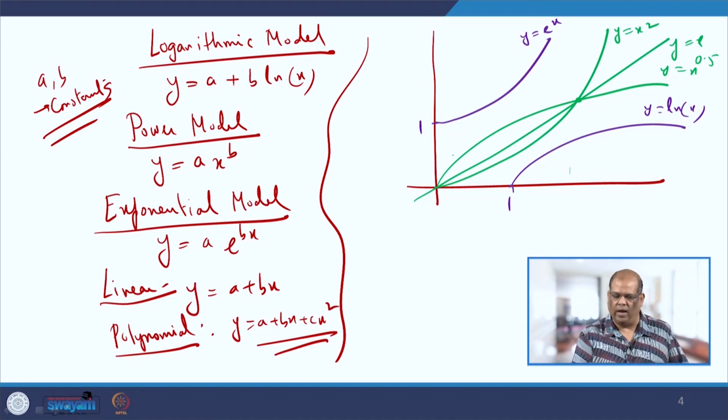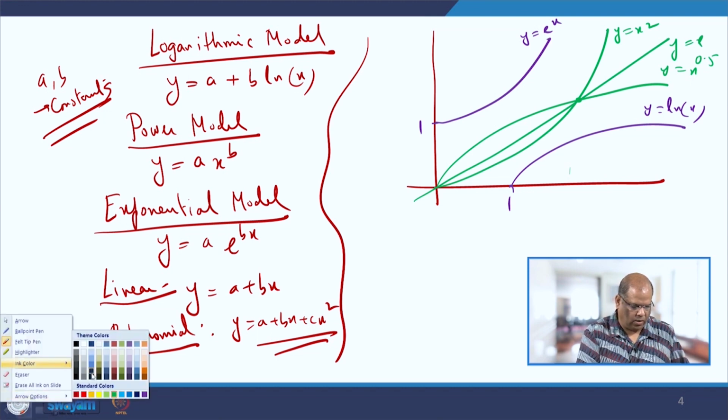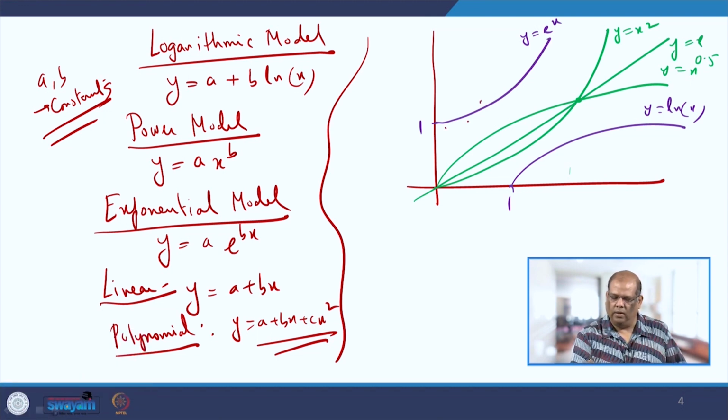If you have the data and the data follows a particular pattern like this, then you know you have to choose an exponential one. If it follows a pattern like this, you know you have to choose a logarithmic one, and similarly for the linear, polynomial or power model.